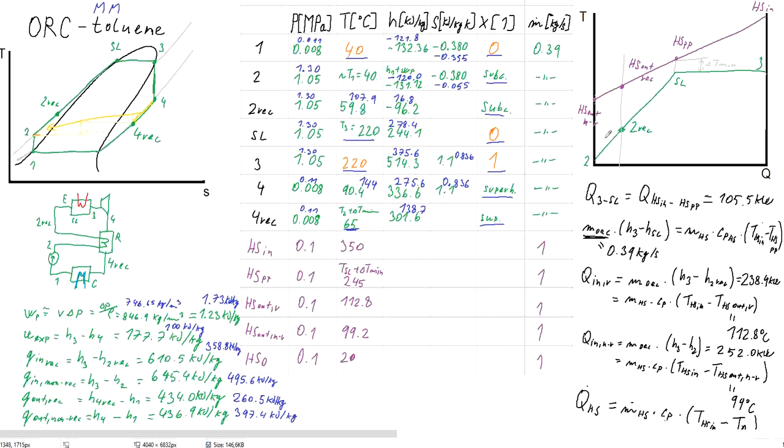So how would the QT diagram look like? Well, in this case, because this working fluid MM has such high specific heat capacity and low heat of evaporation, the minimum temperature difference will need to be here at the beginning of the heat exchanger, here for the heat source outlet.